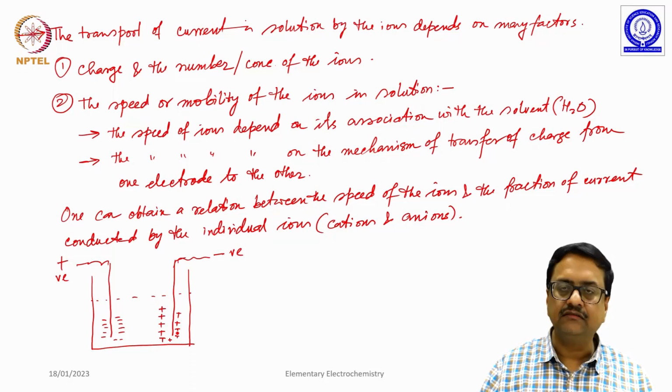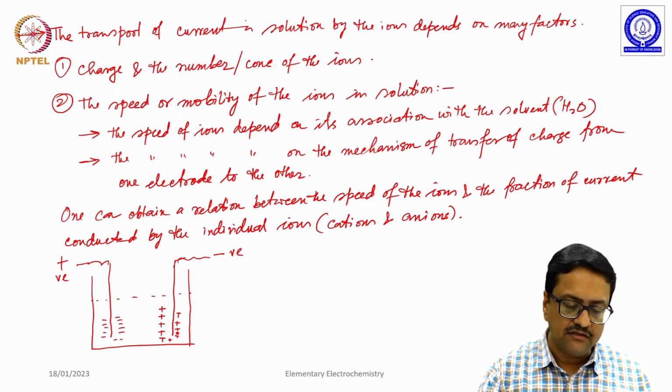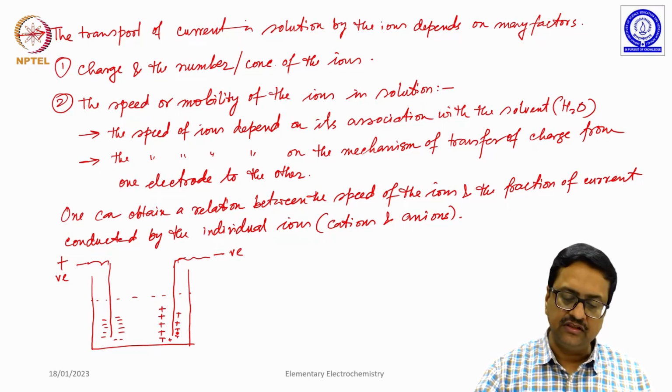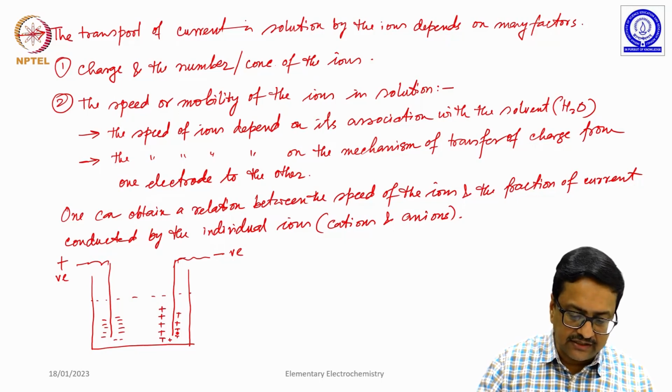In this condition, when electricity is passed, we can try to obtain a relationship between the speed of ions and the fraction of current conducted by the individual ions.